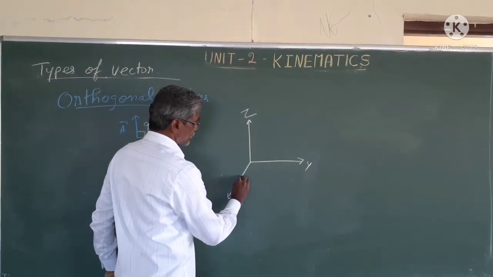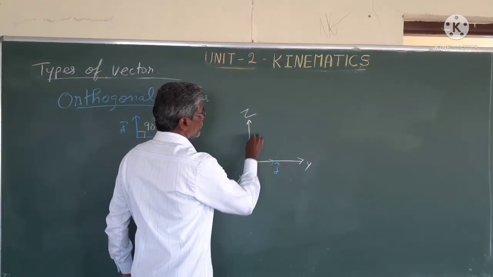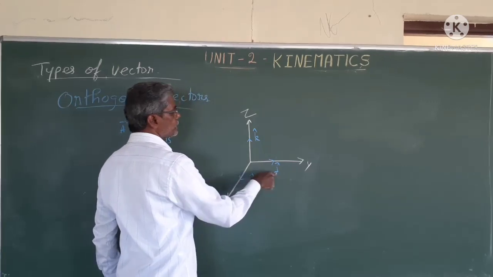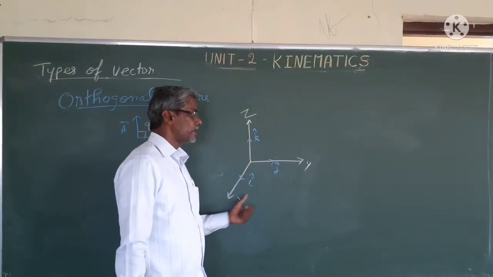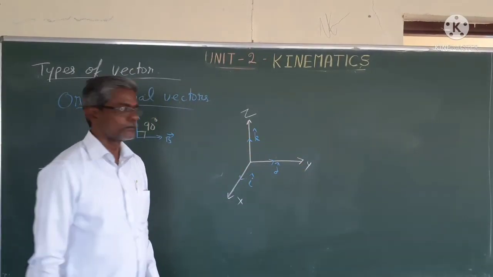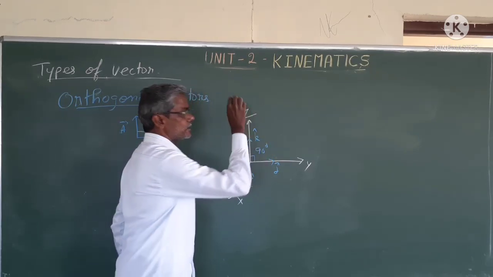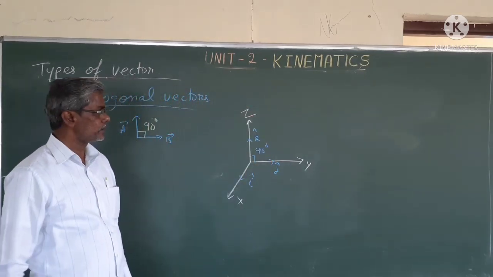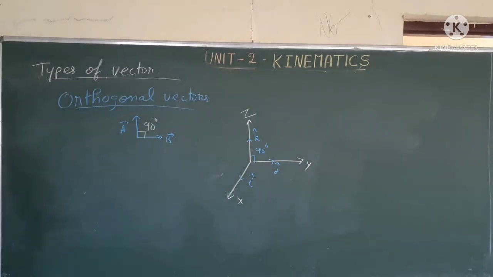Here i cap, j cap, k cap are the unit vectors for x axis, y axis and z axis. So all are perpendicular to each other. I can write the angle is 90 degree. This is called orthogonal vectors.